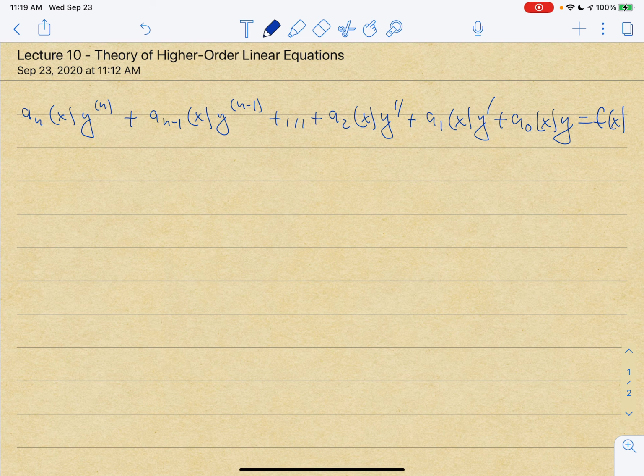So this is, as you might recall, an nth order linear ODE.